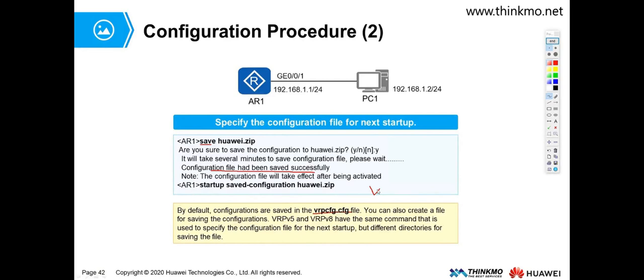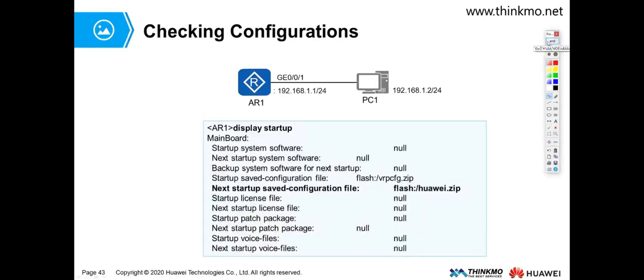For the VRP V5 and V8 versions, they actually have the same command that we can use to specify the next storage configuration file, but the saved file itself is different. If we want to specify the configuration file for the next startup, we execute it through this command. After the configuration is completed, if you want to check it, you can use display startup to see.